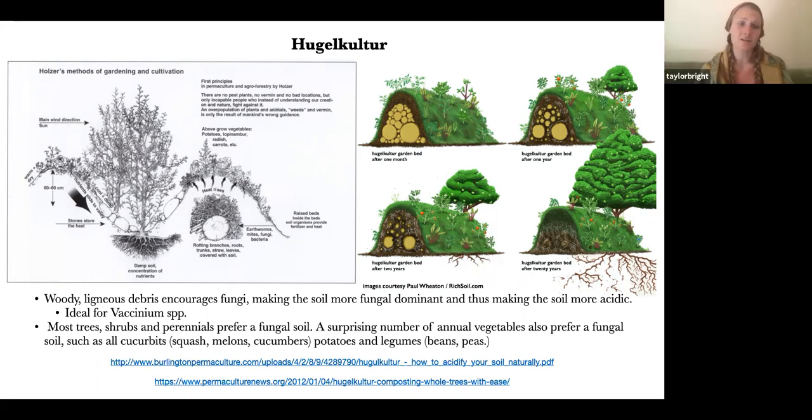And even if the logs are not inoculated, even having wood as a mound in the base of your garden bed will attract fungi into the soil, which will break down that wood and release nitrogen and carbon into the soil and create a very happy plant community.